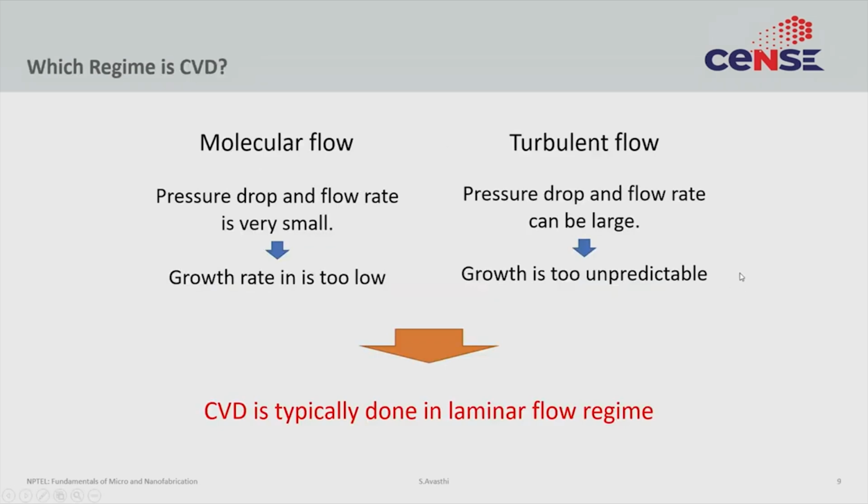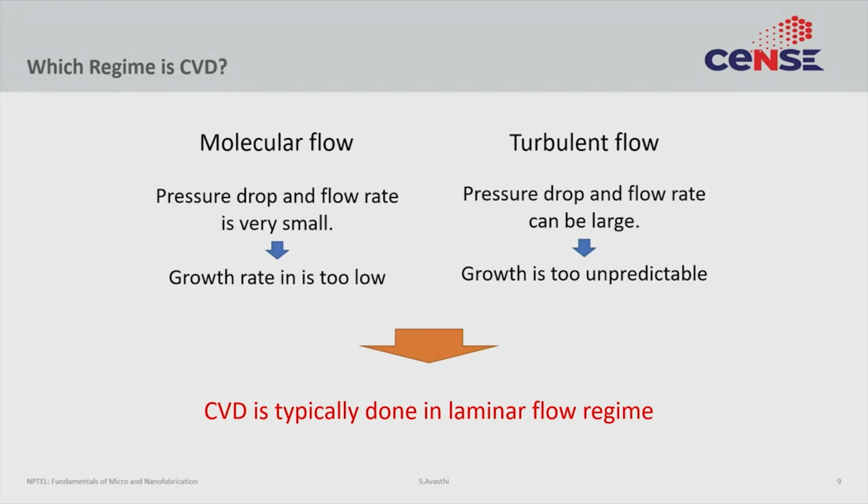Now, the reason the CVD regime tries to remain in laminar flow is highlighted in this slide. If you are in the molecular flow regime, typically your density is very low, your pressure drop and flow rates are very small, which means your growth rates are very small, which is impractical and you do not want to do that.